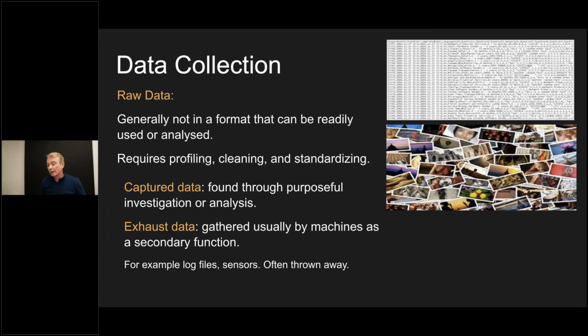So let's say you want to build models for doing marketing, and you measure clicks, put stuff on your website to measure what people are doing. That's called captured data. Exhaust data, which is also kind of cool, is data gathered by machines as a secondary function.